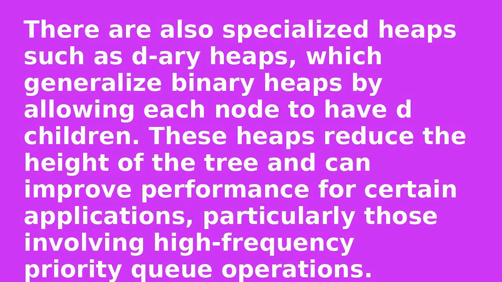There are also specialized heaps such as d-ary heaps, which generalize binary heaps by allowing each node to have d children. These heaps reduce the height of the tree and can improve performance for certain applications, particularly those involving high-frequency priority queue operations.